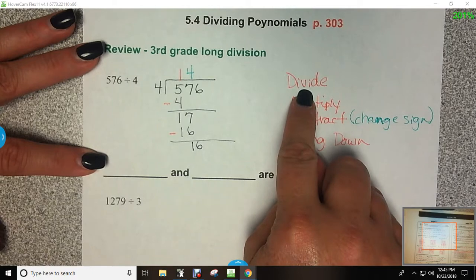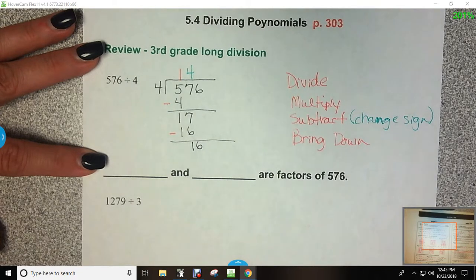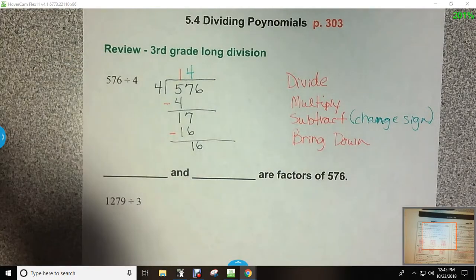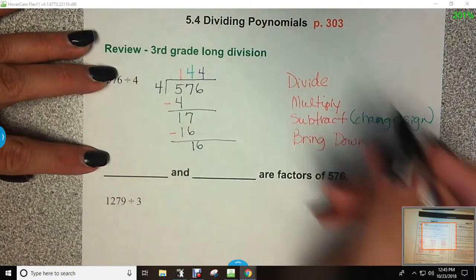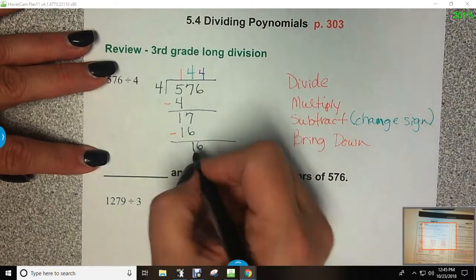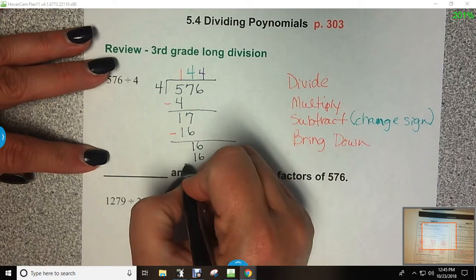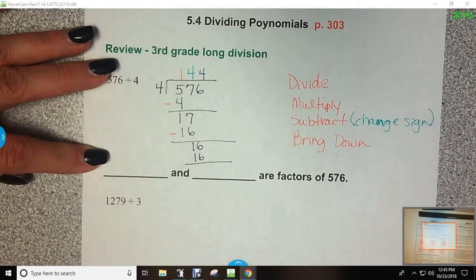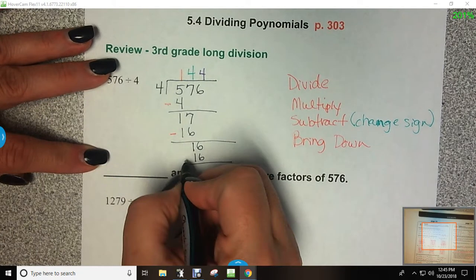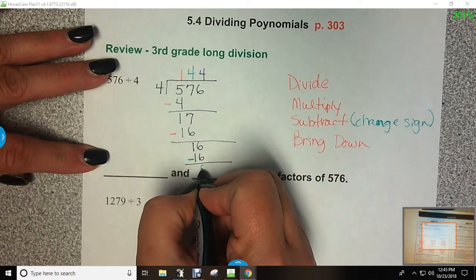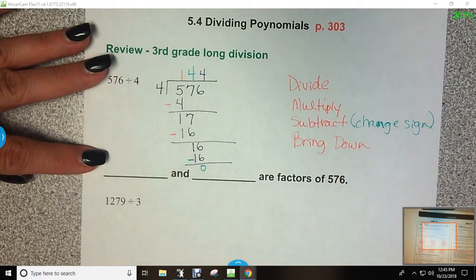Start again. Divide. 16 divided by 4 is 4. 4 times 4 gives me 16. That's the multiplication part. And now in order to subtract, I have to change the sign. I get 0. Nothing left to bring down.